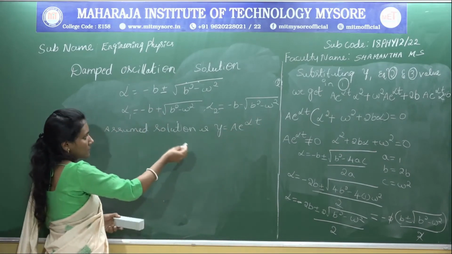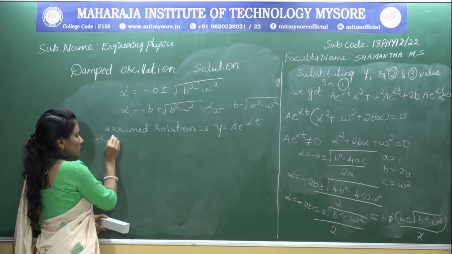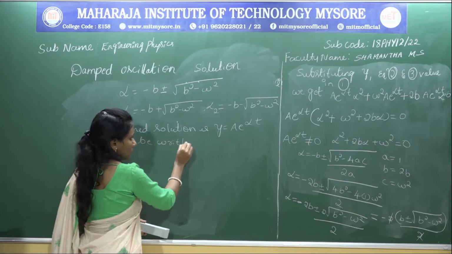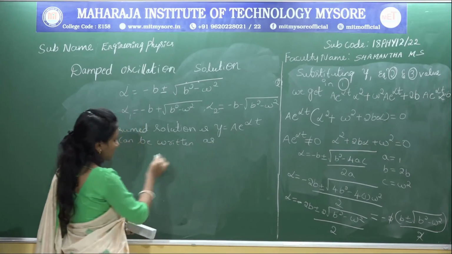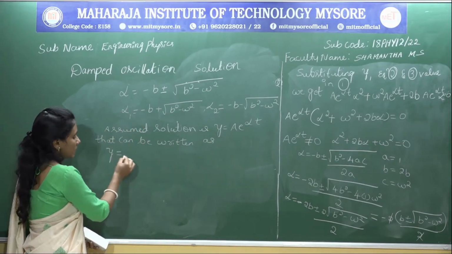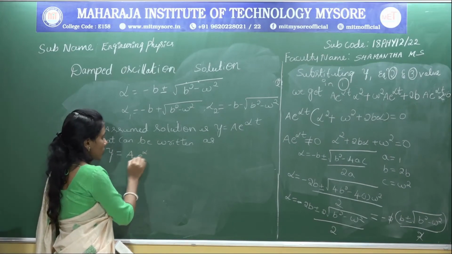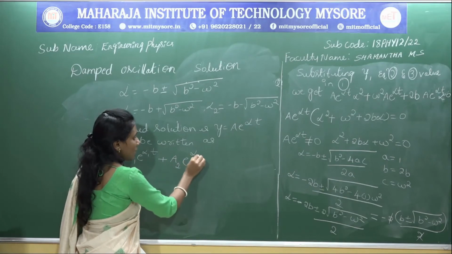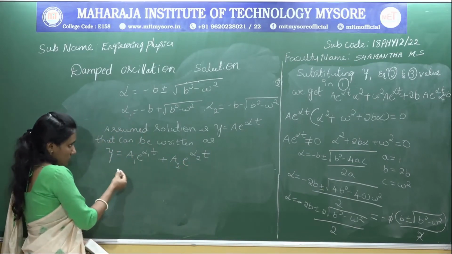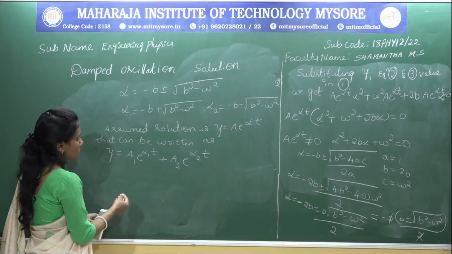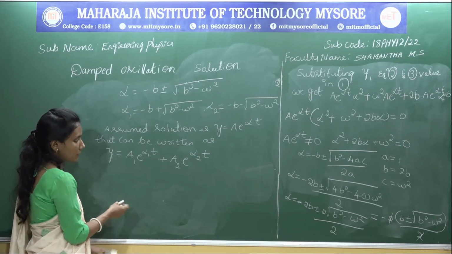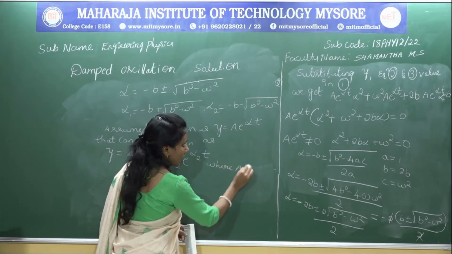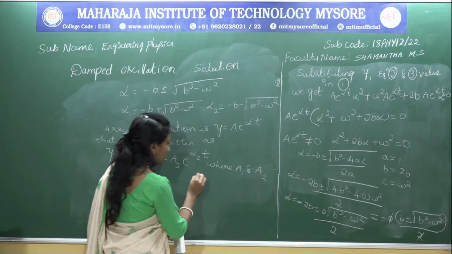That can be written as y is equal to a1 e to the power of alpha 1 t plus a2 e to the power of alpha 2 t. Now substitute the alpha 1 and alpha 2 values here, where a1 and a2 are arbitrary constants.